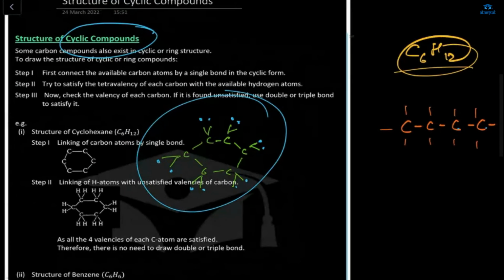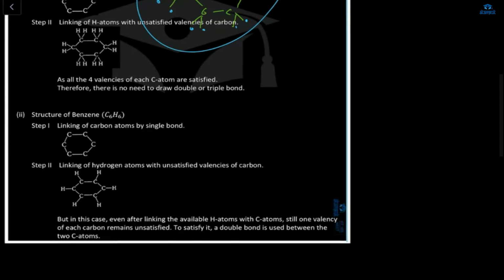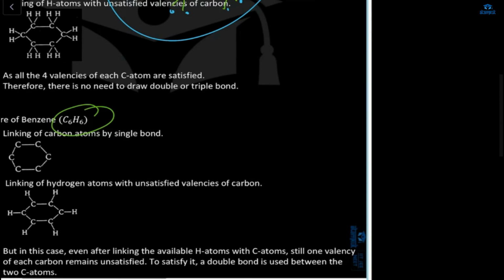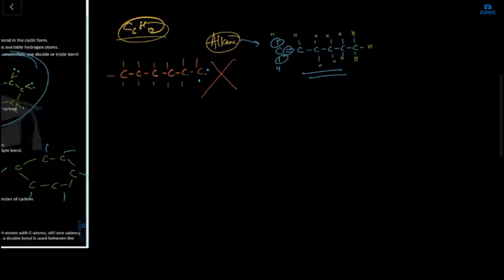So if it says cyclic, then first you have to go with the alkane. Just like C6 and H6, first we make the 6 carbons, 1, 2, 3, 4, 5, 6, and then one bond each, so 6 H will be there. So this part is wrong. Why? Because we have to make a cyclic compound.